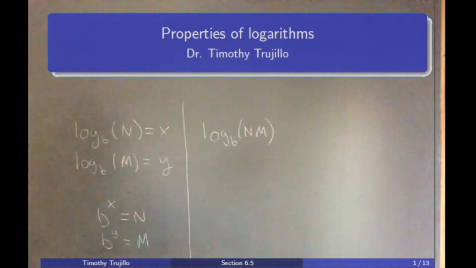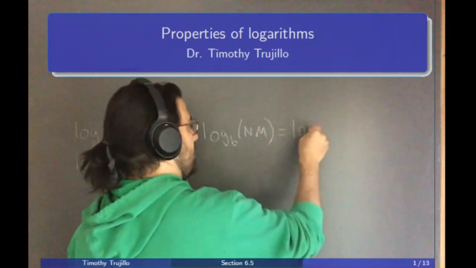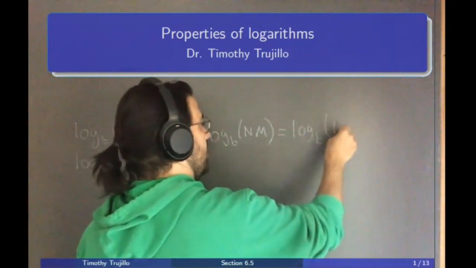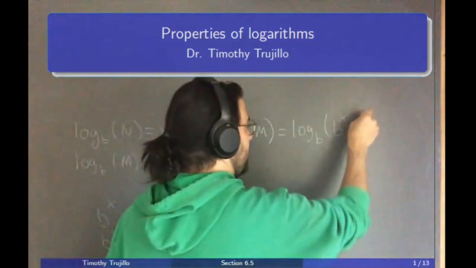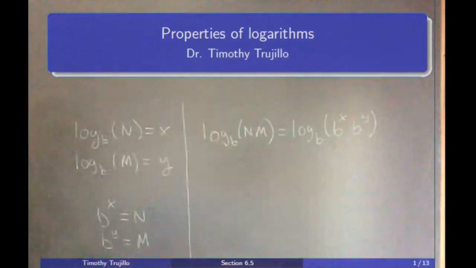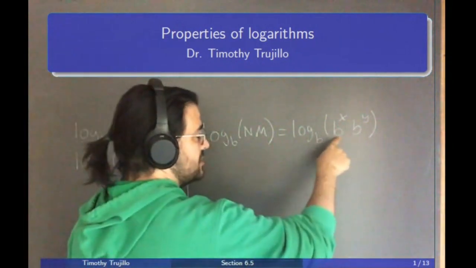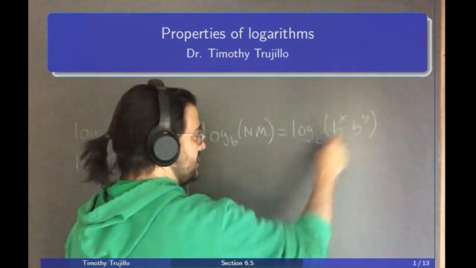But here, let's just go ahead and derive the formula again. So remember, b to the x is N, b to the y is M. So this is the same thing as the log base b of b to the x, because that's N, times b to the y. And then remember that when you multiply two exponents together with the same base, you just add the exponents.